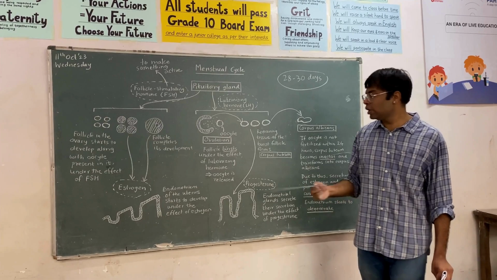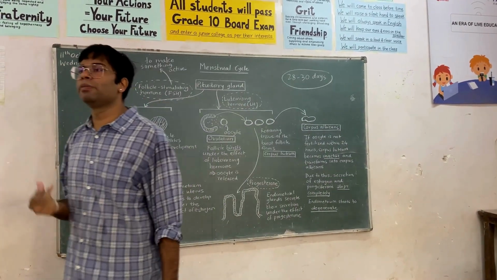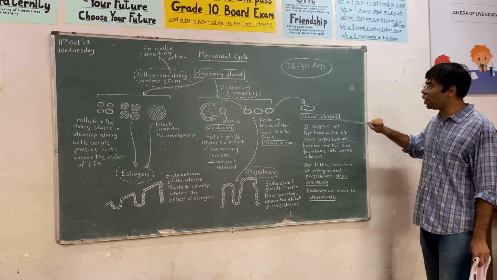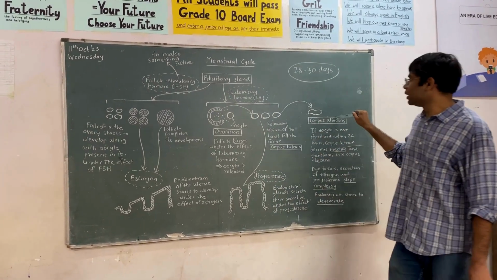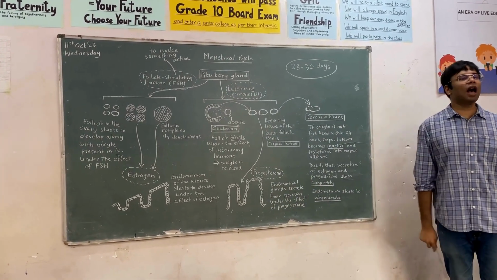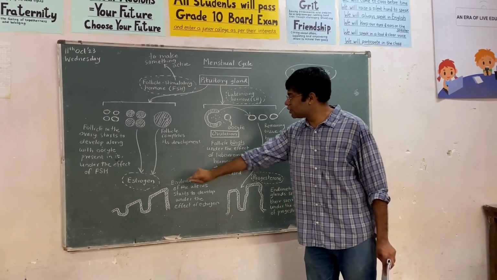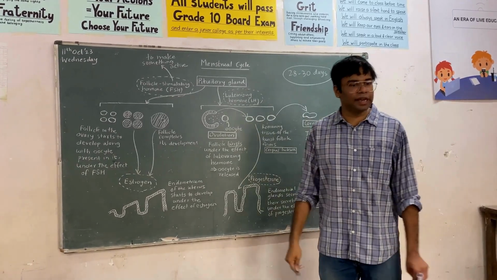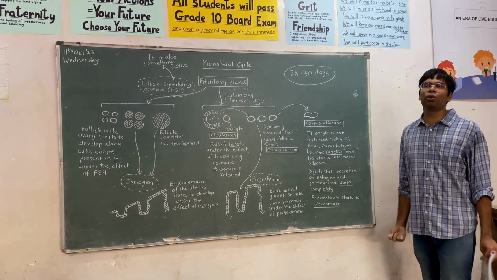The progesterone is helping the endometrial glands secrete. Right? But if the oocyte is not fertilized within 24 hours, the corpus luteum gets transformed into corpus albicans, and the secretion of estrogen and progesterone stops because corpus luteum is inactive now. So endometrium now will start to degenerate.